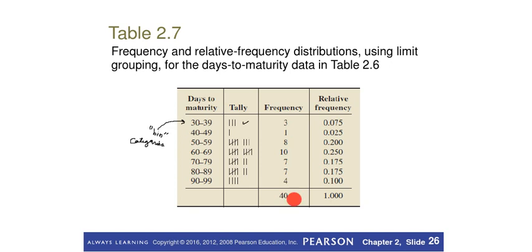So those 40 investments, we can see the frequency of those investments that came to maturity within that day group. So another way of organizing is to draw these bins or categories of numbers and then organize them into those groups.